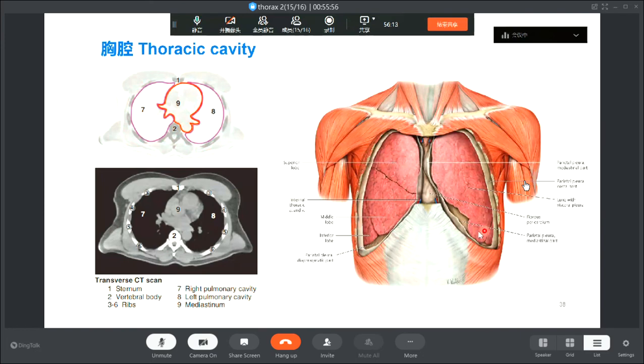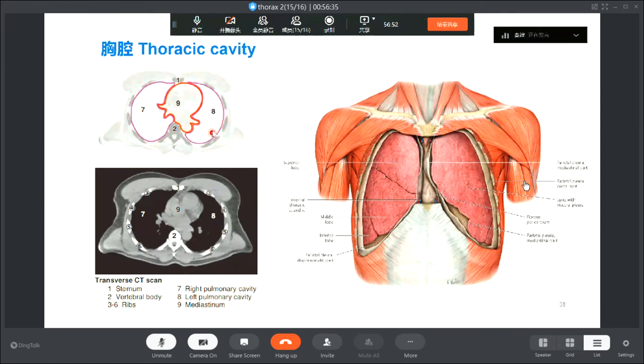So we can see in the thoracic cavity, including some organs, this part seven and part eight are the pleural cavities around the lungs. Part seven is the right pulmonary cavity, and part eight is the left pulmonary cavity.